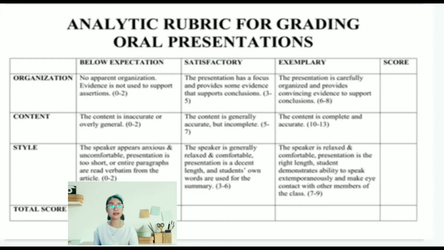And for the exemplary, we have here the presentation is carefully organized and provides convincing evidence to support conclusions, 6 to 8. And the content is complete and accurate, 10 to 13, and the speaker is relaxed and comfortable. The presentation is the right length. The student demonstrates the ability to speak extemporaneously and make eye contact with other members of the class, 7 to 9. So that's the example of the analytic rubric.